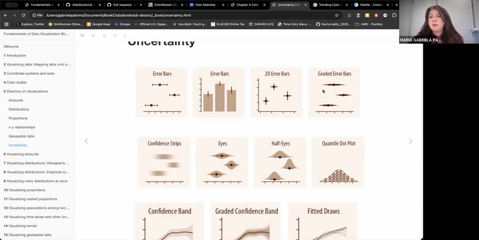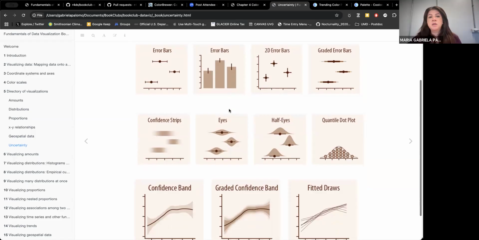The other thing is with graded error bars, you can actually show one standard deviation, then the other shade is going to show two standard deviations, and the third one is going to show three standard deviations. So these graded error bars are super cool for that too.